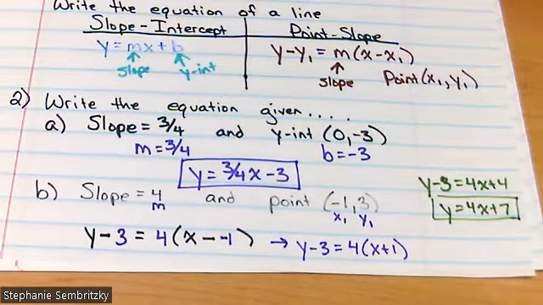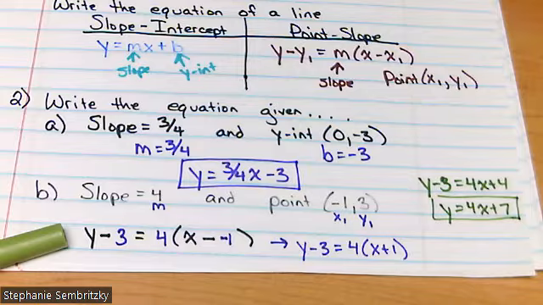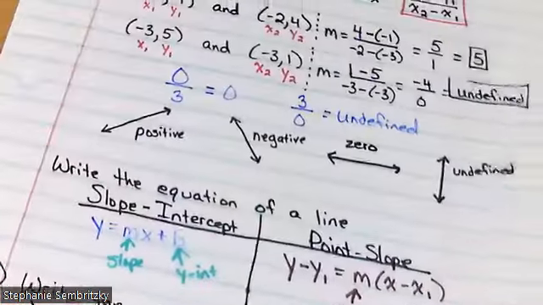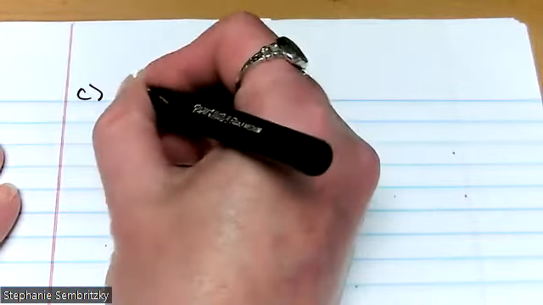It's so much faster if you're going from slope and a point. Let's try it again. But this time, I'm going to be given 2 points. So let's say I have 2 points.